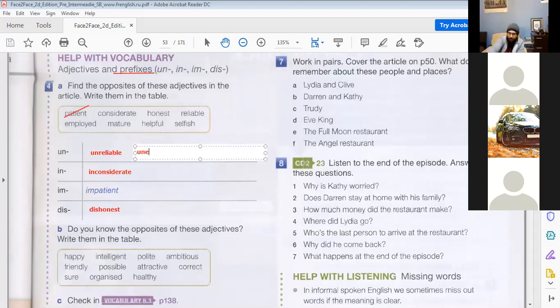Right. What about mature? Immature, correct. Helpful? Unhelpful. That's right. What about selfish? Unselfish.